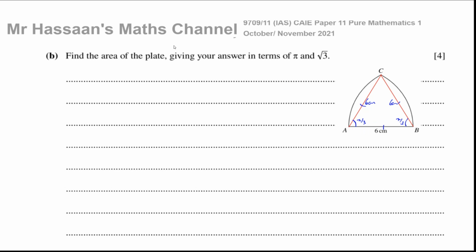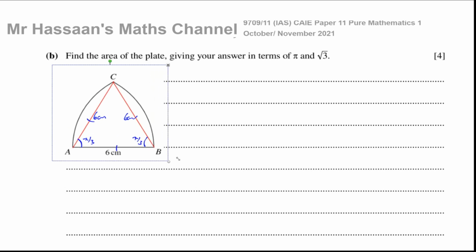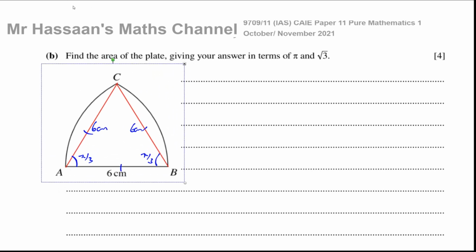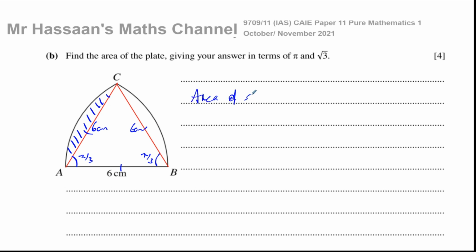If I look at the plate more closely, we have the area of the whole sector, which is like the pizza slice, CAB, plus the area of the segment AC, this segment here. That will give us the area of the whole plate.